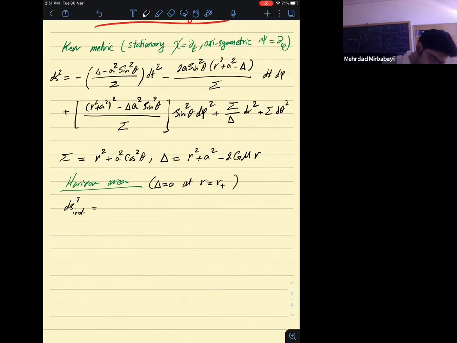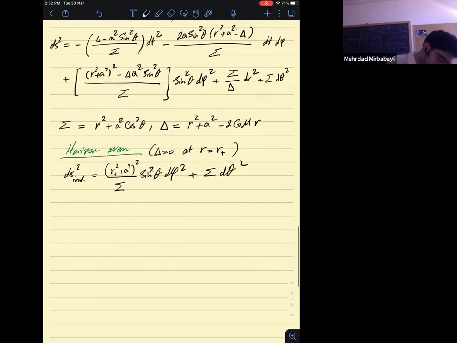So then this expression becomes r plus squared, because that's the value of r we are at, over sigma times sine squared theta d phi squared plus sigma d theta squared.